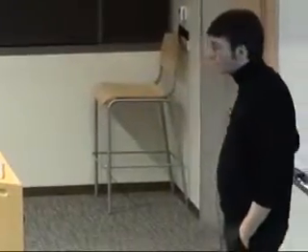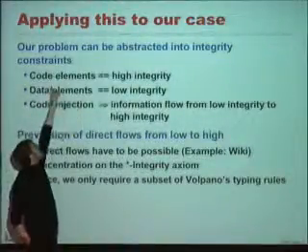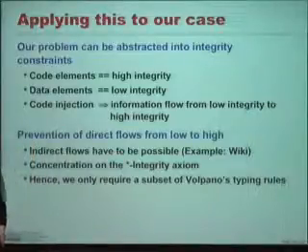When I'm creating code that should be executed, I demand that this code is of high integrity. And also we define data elements to be of low integrity. This is also, I think, totally understandable. Data elements can come from malicious people and dubious origins, so they should be of low integrity. So by preventing those flows from low integrity data elements into high integrity code context, we should be able to get rid of this bug class.